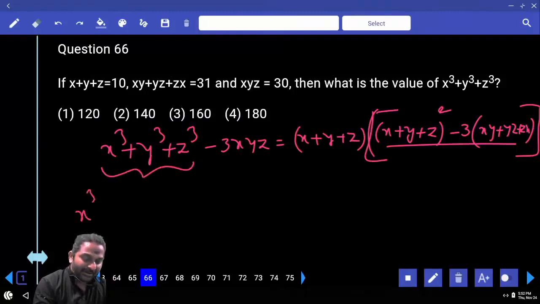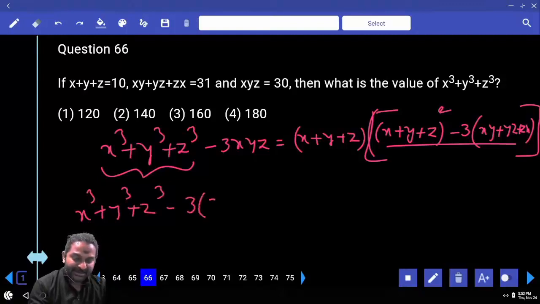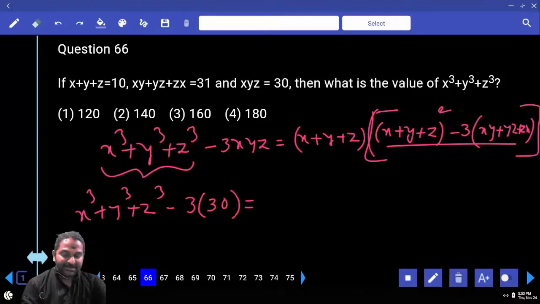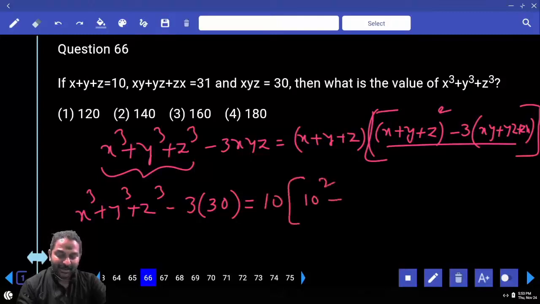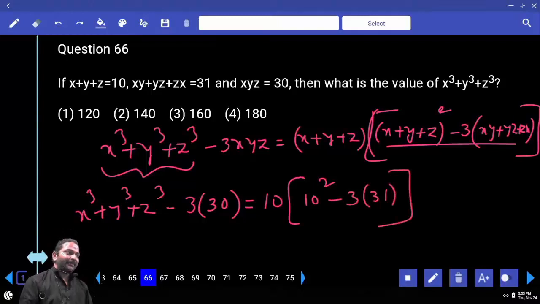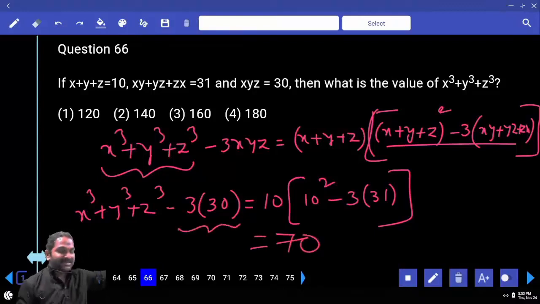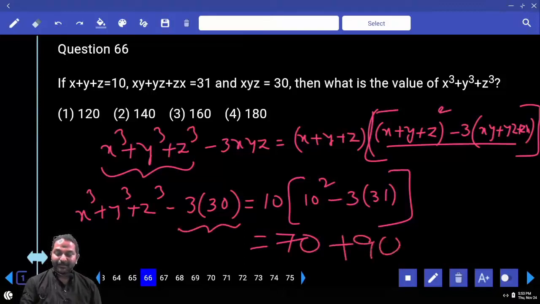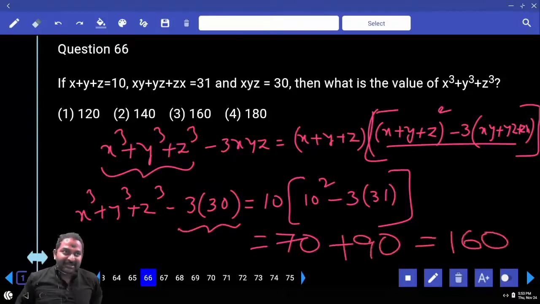Let it be x cube plus y cube plus z cube minus 3 times of xyz, tell me, 30 is equal to x plus y plus z, 10 into, come on, 10 square minus 3 times of 31, 93. 100 minus 93, 7 into 10, 70. Left hand side minus 90 comes to this side, becomes 160.